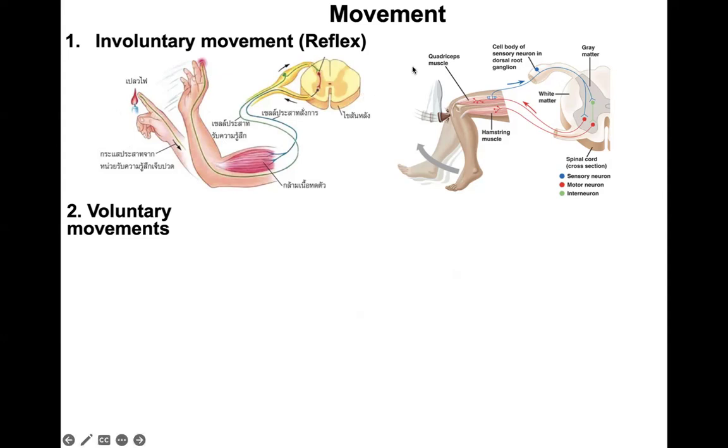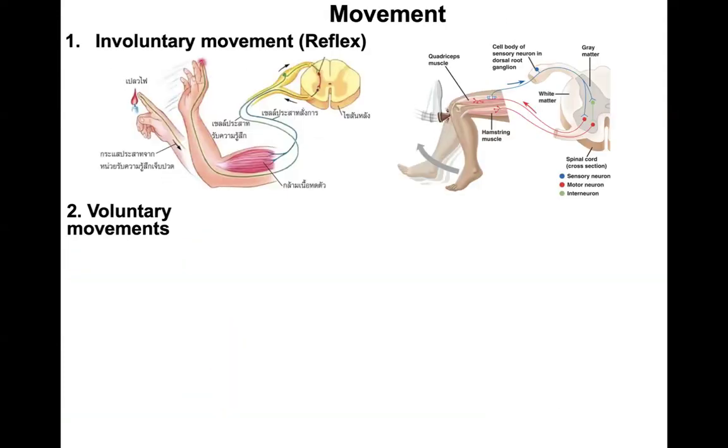Another type of reflex that is very useful in clinic is the stretch reflex. This reflex is when you do the knee jerk, and you hit with the hammer here on the tendon below the knee, and then your leg just kicks. So these are examples of reflex.